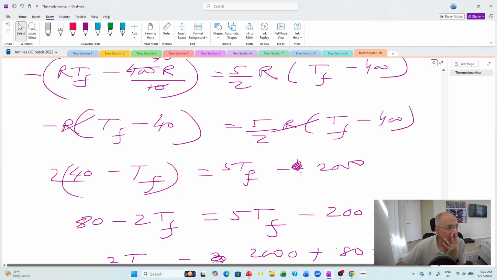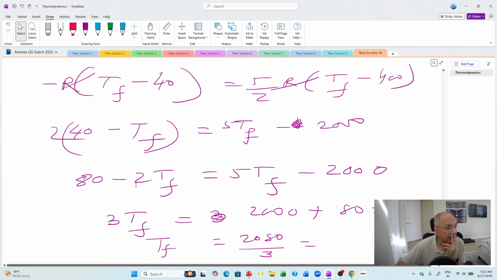So 2 LCM goes this side, and I reversed, because it was minus, I reversed to 40 minus TF, so 2 comes here, and this becomes 5 TF minus 2000, and this becomes 80 minus 2 TF, 5 TF minus 2000.